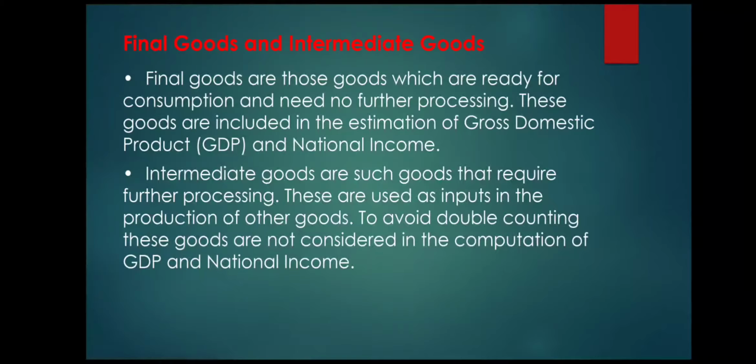Like we saw in the previous example, wheat was sold to the flour mill owner, and the flour mill owner sold it to the biscuit company, and finally biscuits reached us, the final consumer. So only biscuit is the final good. But it is not that wheat or flour is not consumed by us.